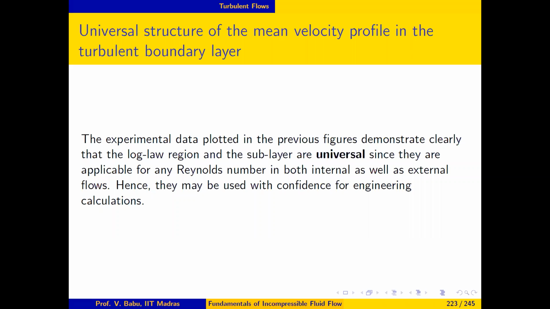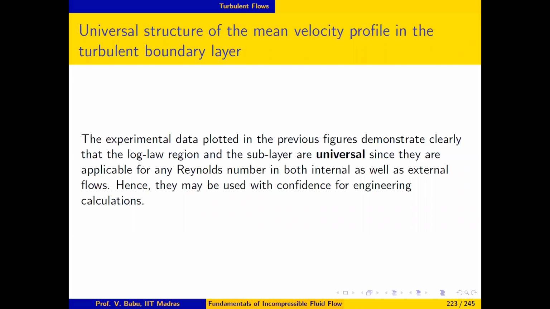In the previous lecture, we presented extensive experimental data to demonstrate clearly that the turbulent boundary layer of the mean velocity in external flows or internal flows exhibits a universal structure, and the universal structure consists of two regions.